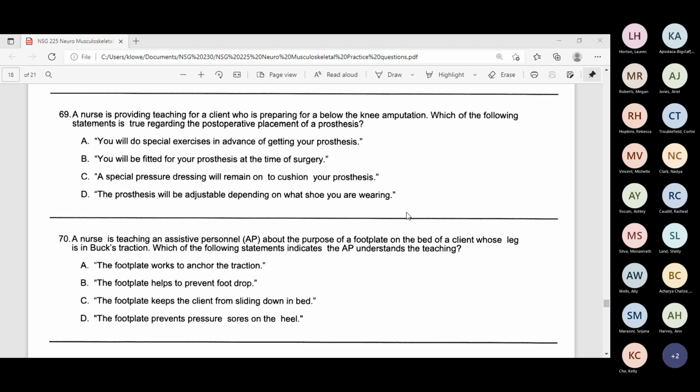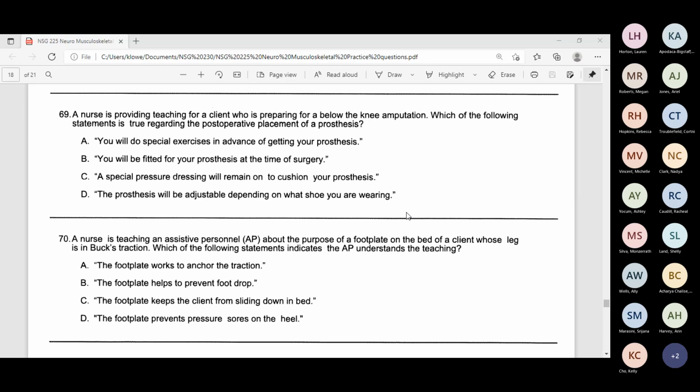It says a physical therapist will teach muscle strengthening exercises to prepare the client for prosthesis use. It has to be formed into a certain shape. It's not going to be fitted at the time of surgery. It's going to be weeks to months out from that. Special pressure dressings remain on to cushion your prosthesis. They're not going to remain on after the limb is healed.